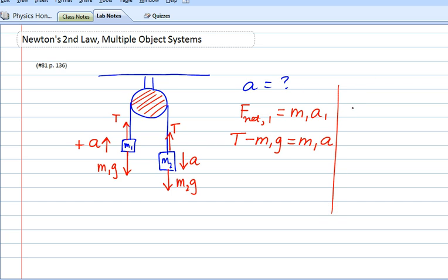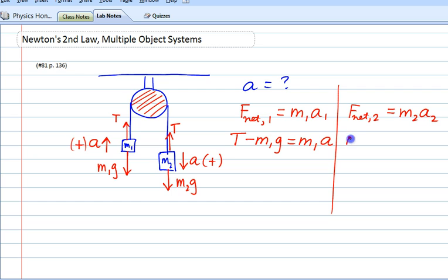Okay, now let's look at the net force on object 2. Well, that's going to be equal to the mass of object 2 times its acceleration, and this way downwards seems to be positive.